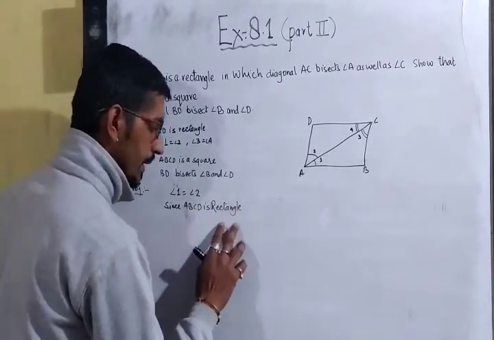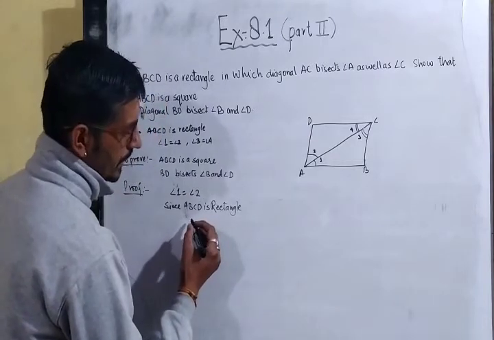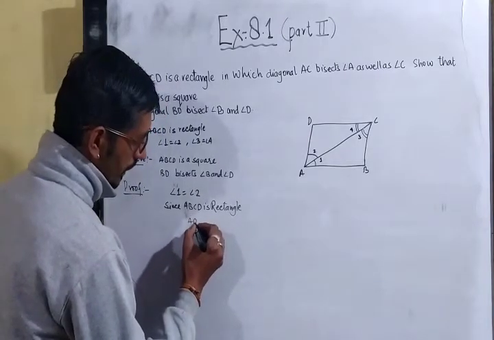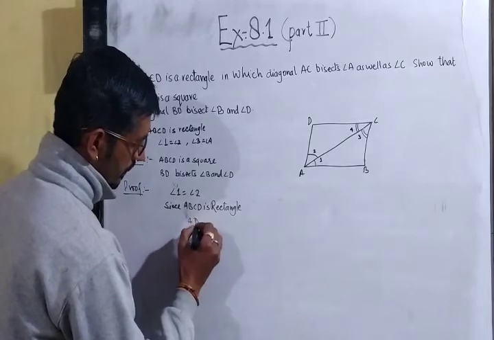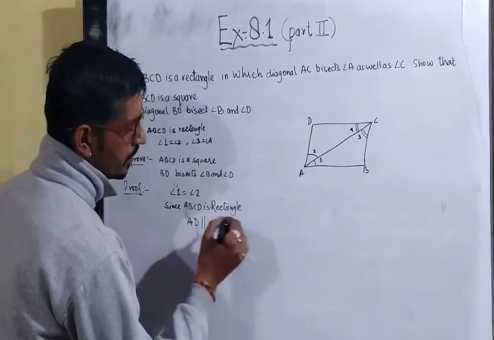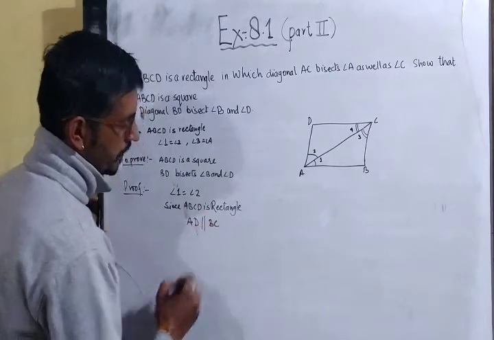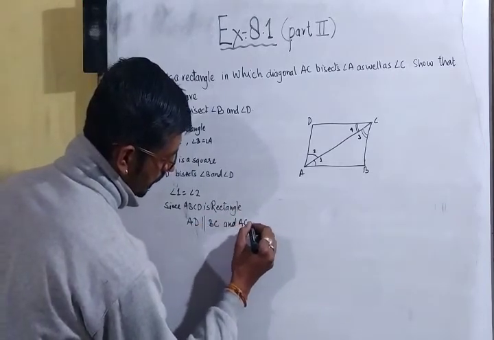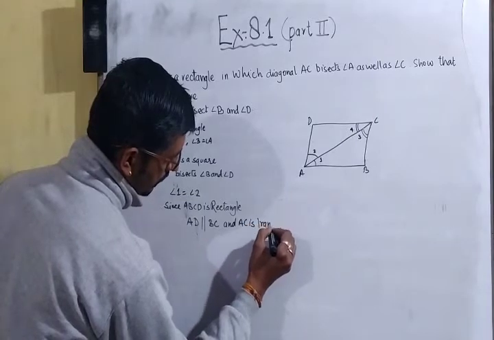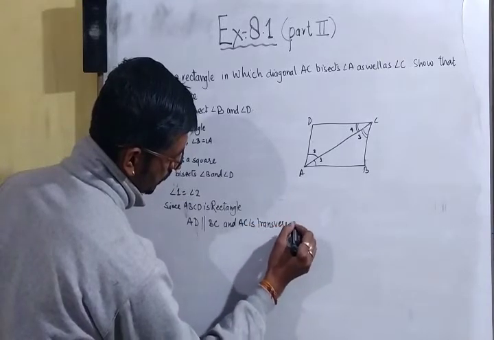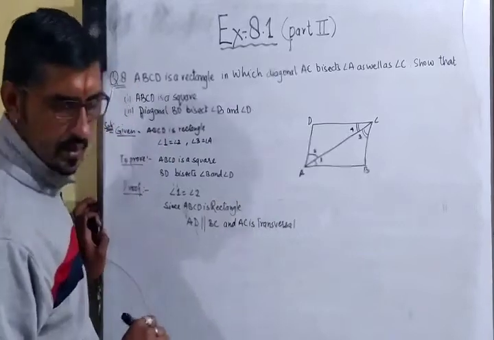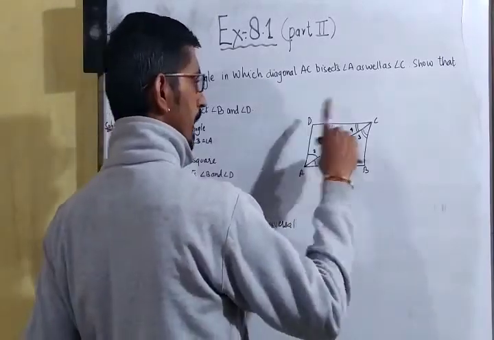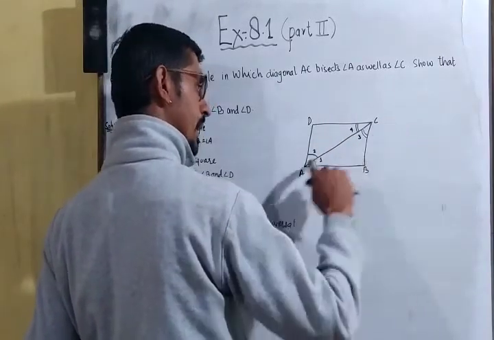So since ABCD is a rectangle, AD is parallel to BC and AC is transversal.